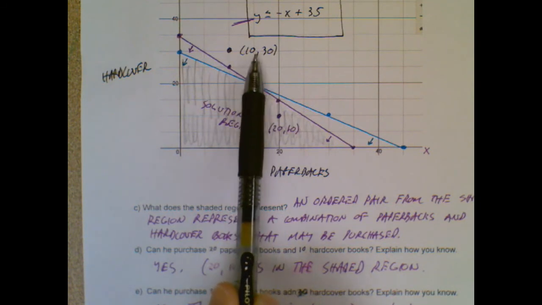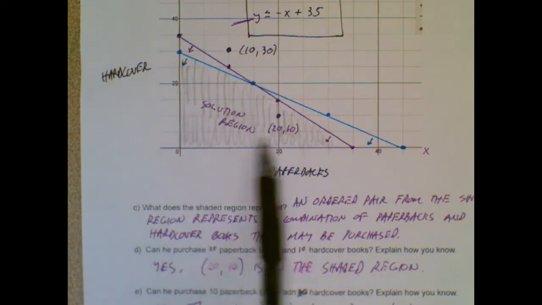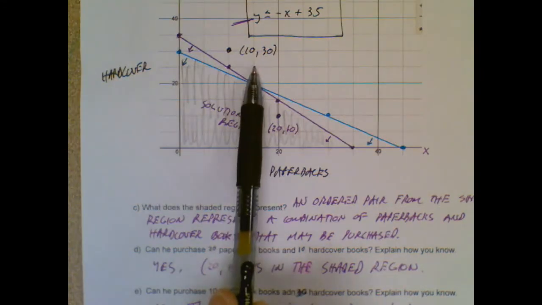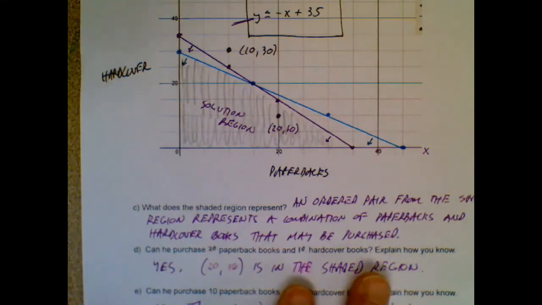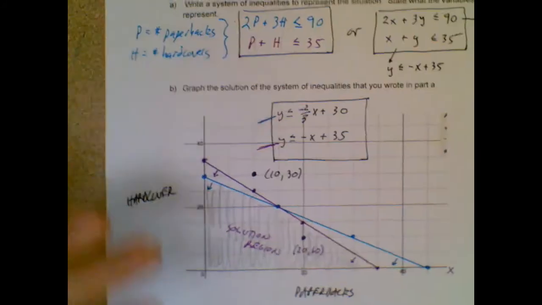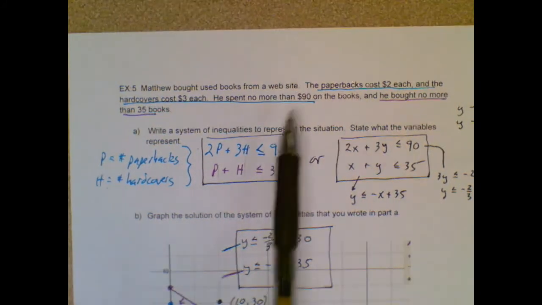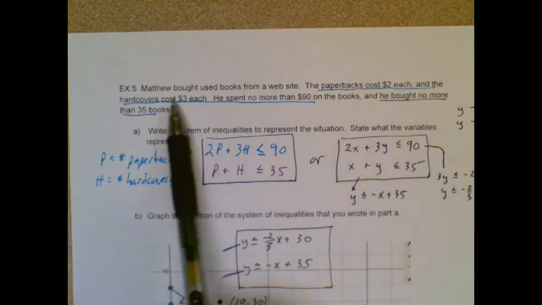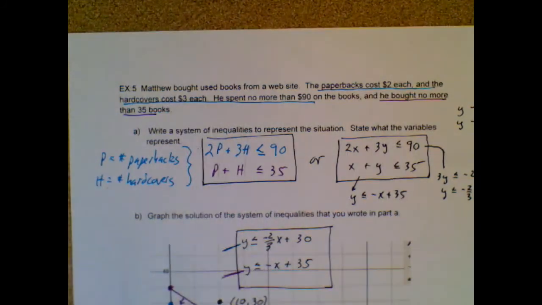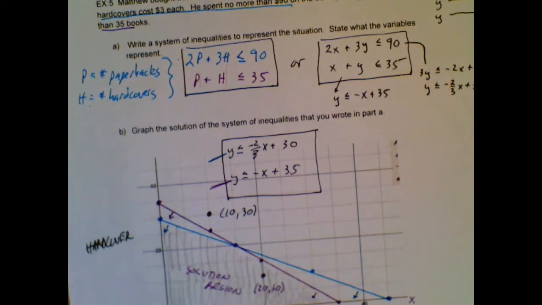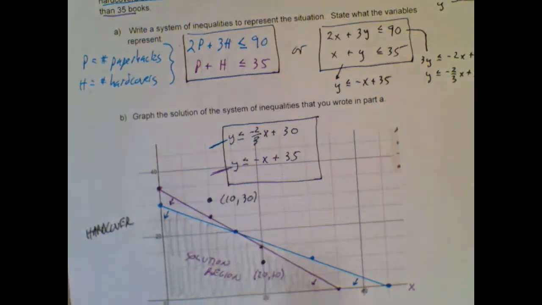Well, 10 paperbacks and 30 hardcover books, not in the solution region, so it's an infeasible situation, or it's an infeasible event. Basically, 10 paperbacks and 30 hardcover books would not satisfy the constraints listed here in the words, or it doesn't satisfy these inequalities.